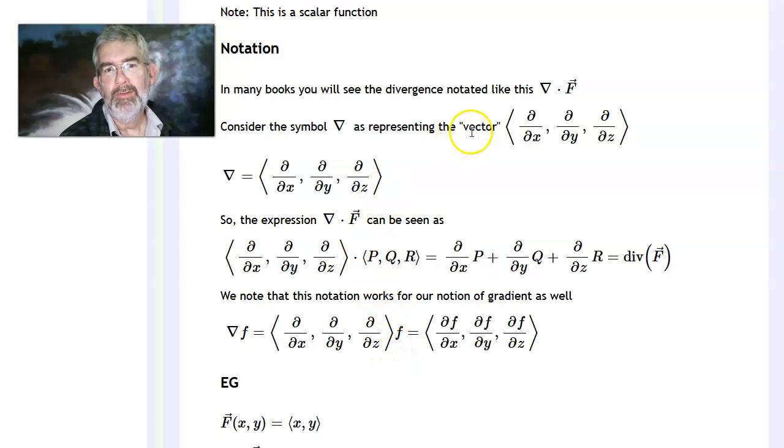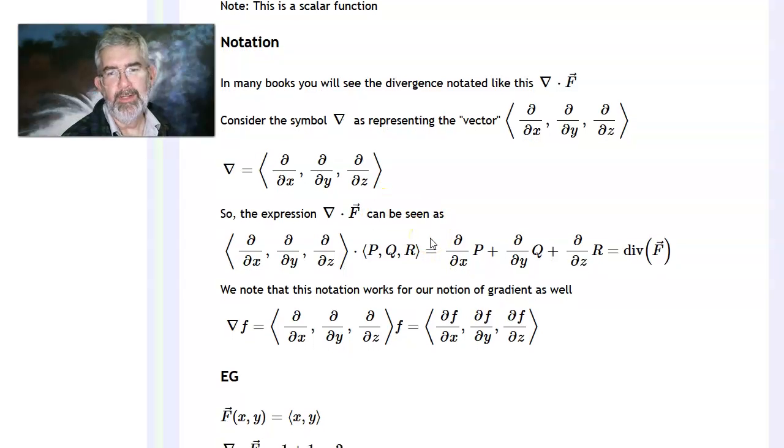And for the divergence, we are dotting it with a vector field. Each time, there's some operation being applied to either a function or a vector field. And it's very nicely represented by that vector with those partial derivatives in it.